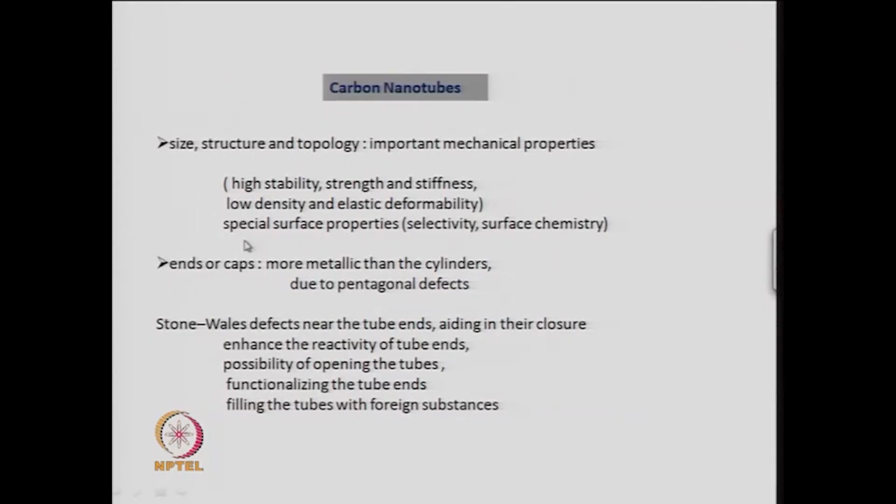Now, in the carbon nanotubes, part of the nanotube is like a cylinder, which is the middle part of the nanotube. If you go towards the end of the nanotube, then you have these caps, and the cap may be like half of the C60 molecule. If you take a C60 molecule and divide it in the middle, you get a hemisphere.